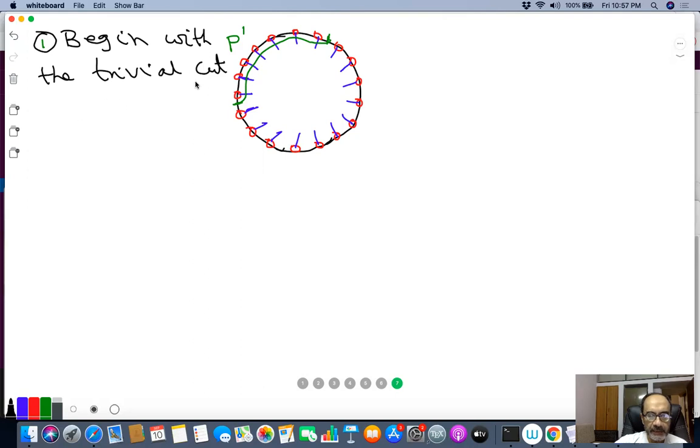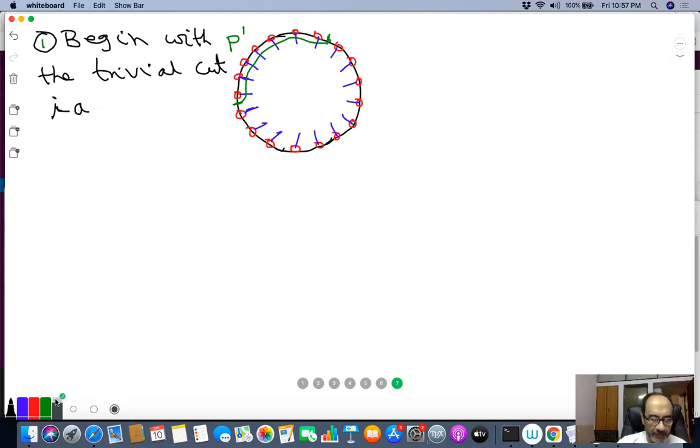Here you only have the index I, no capital A, because there are no bulk points involved between this cut and P prime.